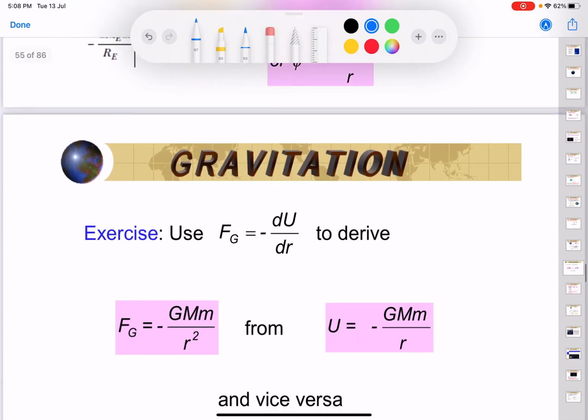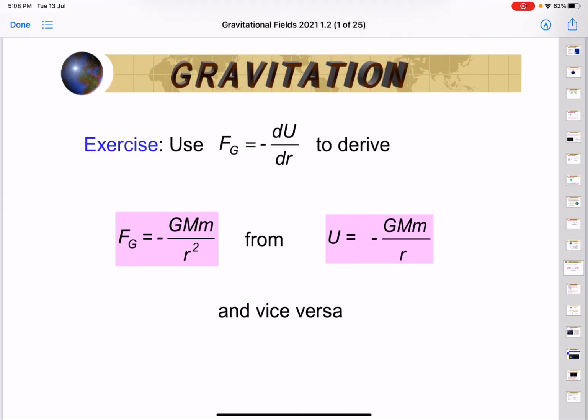Next, it's quite useful to be able to derive the formula for gravitational field, the force from U and vice versa.